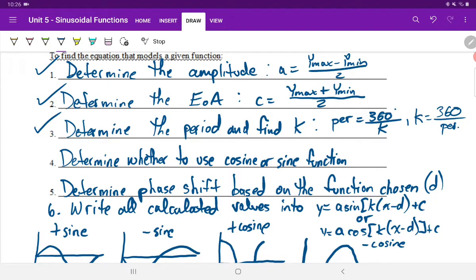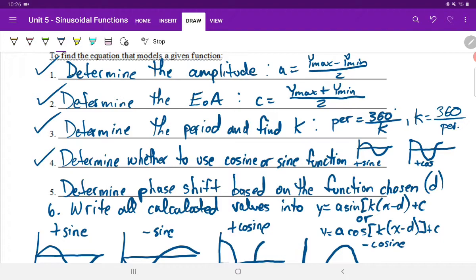Then you determine which function you want to use, a cosine or sine function. A positive sine function has this shape here, and a positive cosine function starts at the max and does this. So you have to choose which one you'd like to use.